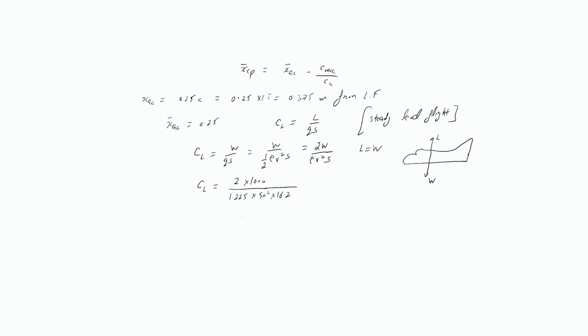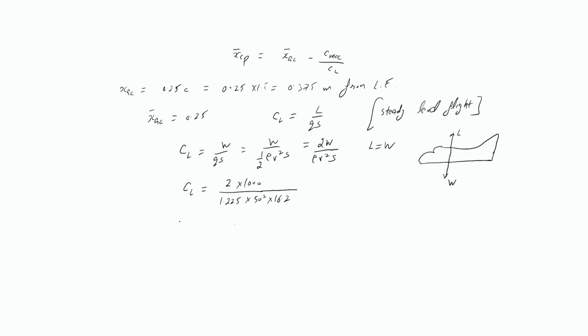Now what is the unit of weight? Here the weight is given as 1000 kgs. So we have kgs in the numerator, that is actually the mass, not the weight. So kilogram divided by the unit of density, kilogram per meter cube. Velocity is meters per second, so meter square per second square, and the area is meter square.